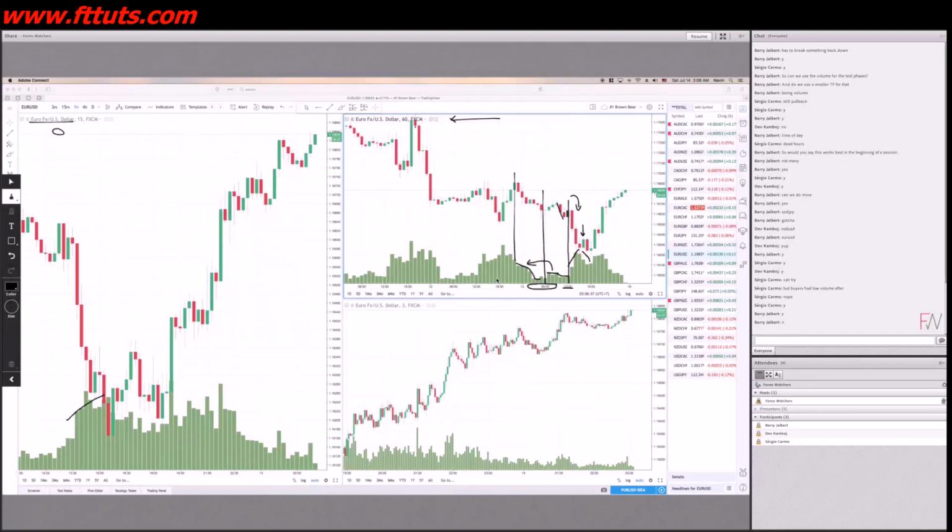Is it easy to read the volume here on the 60 for this one? Okay. Where do you think that is on the 15? Any of you guys have drawing tools? On the 15, where do you think that spot is on the 15?